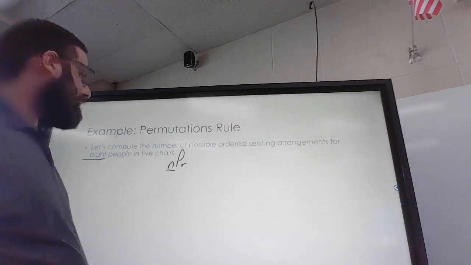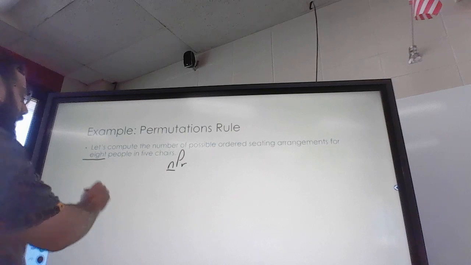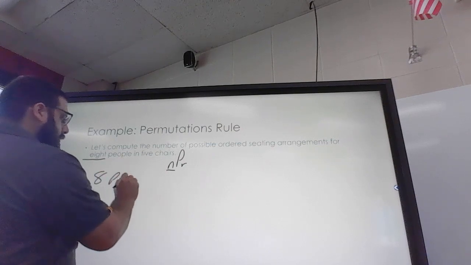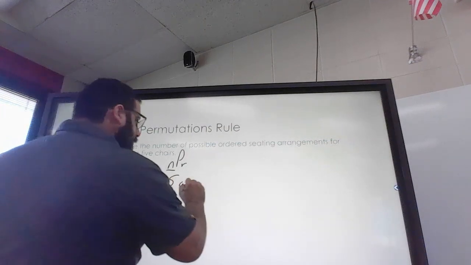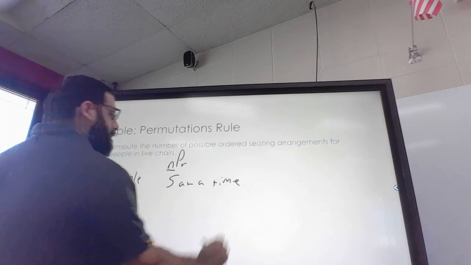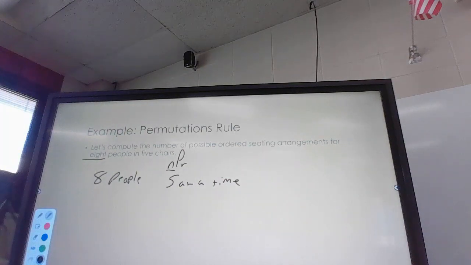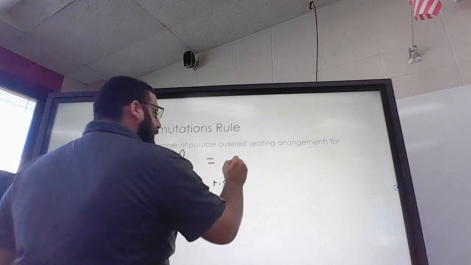It always goes on the left side. So if we're taking 8 people and we're arranging them 5 at a time, then that formula becomes 8P5.